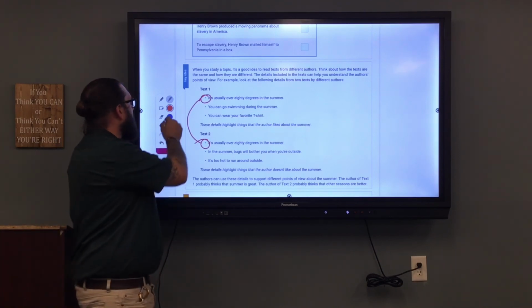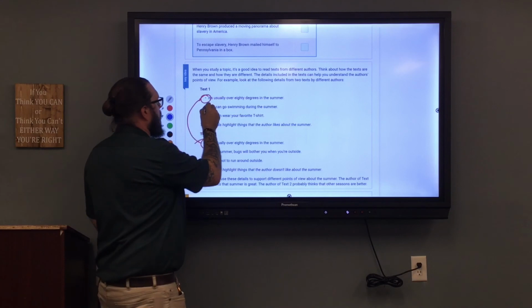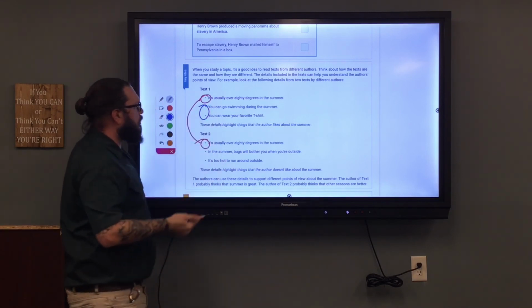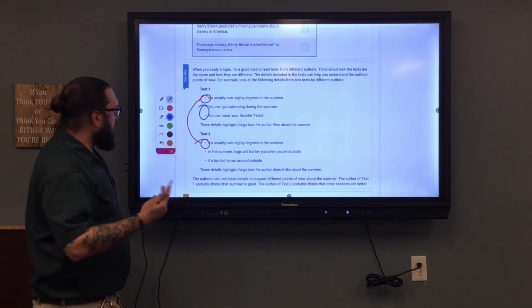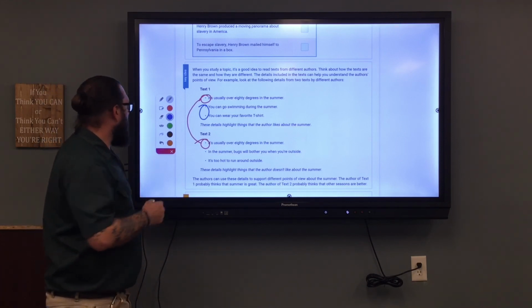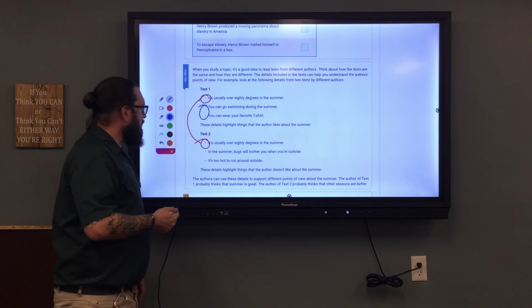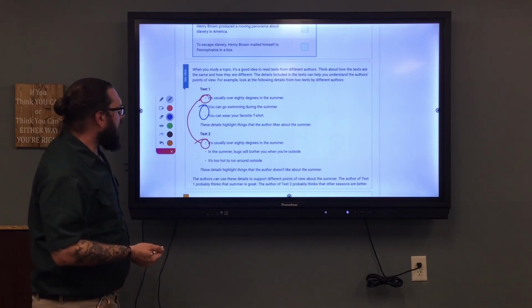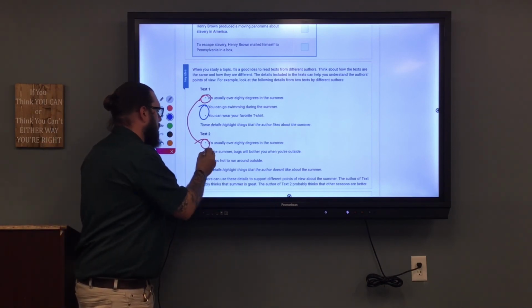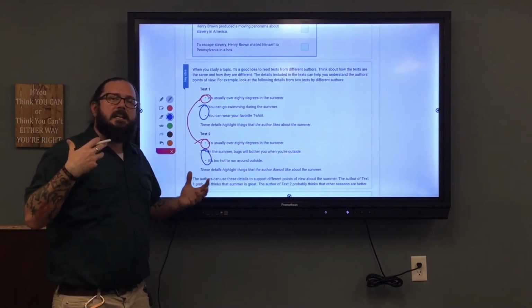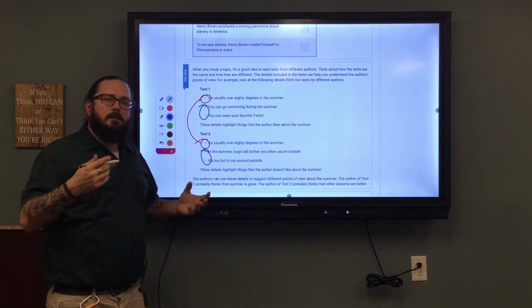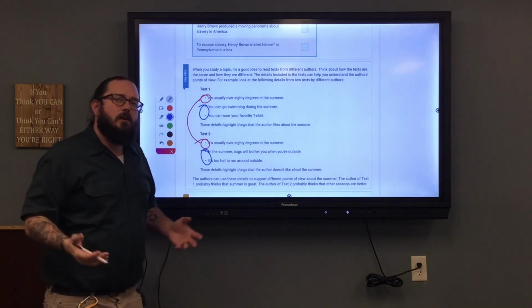Well, we see that here. So you can go swimming, you can wear your favorite t-shirt. Okay, that's what author 1 points out. Author 2 states, bugs will bother you, it's too hot to run around. So here we're making a contrast. We're looking at their reasons that are different.